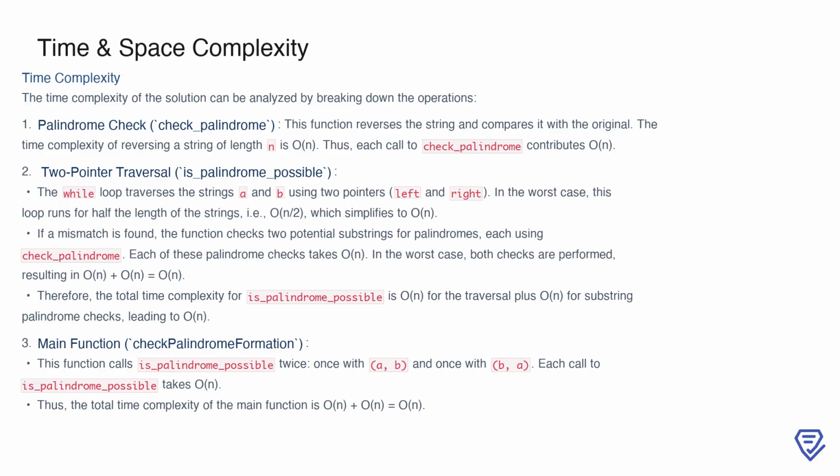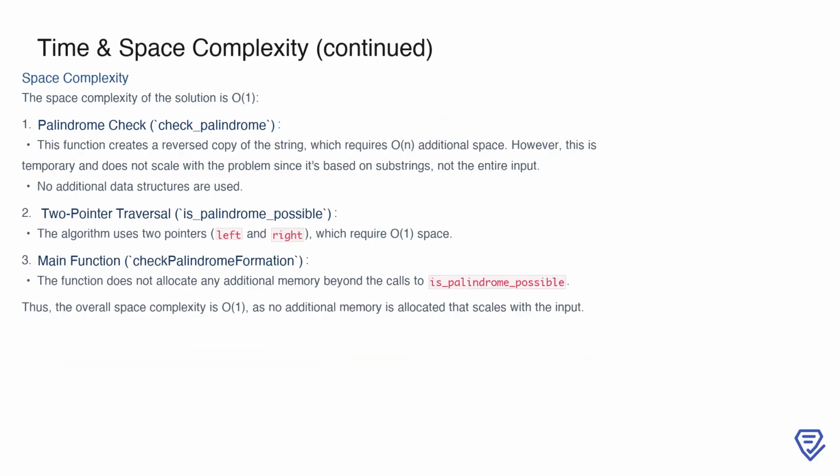Finally, the check palindrome formation function calls is_palindrome_possible twice, once with A, B, and once with B, A. Since each call is O(n), the total time complexity of the main function is O(n) plus O(n), equals O(n). Now, let's look at the space complexity.